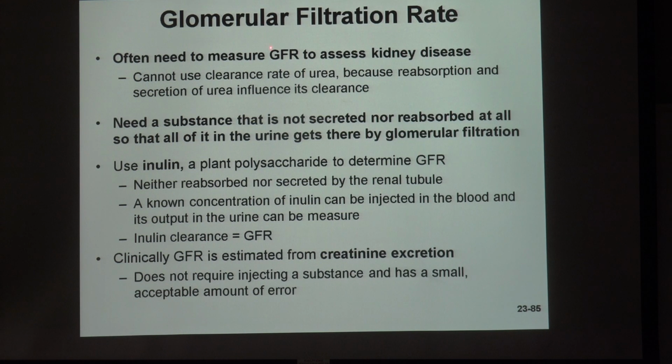That GFR, that glomerular filtration rate, will determine whether or not there is some kind of disorder of the kidney, because not being able to clear enough fluid means that either we're not reabsorbing, we're not secreting, or we're simply not able to pull the filtrate off. Okay?